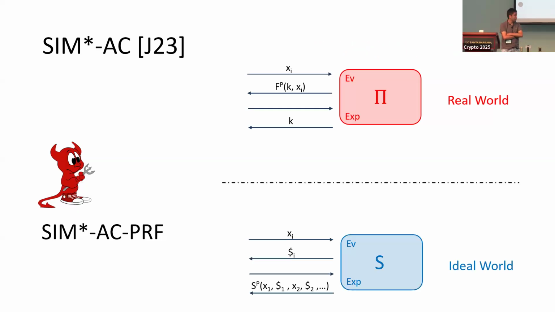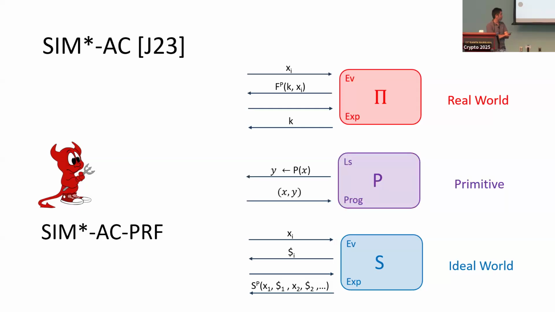While in the simulated world, all responses to the evaluation queries are random. And then for an exposure query, the simulator will be told the input and output pairs of all the queries, and then it will output the key that is consistent with these queries.